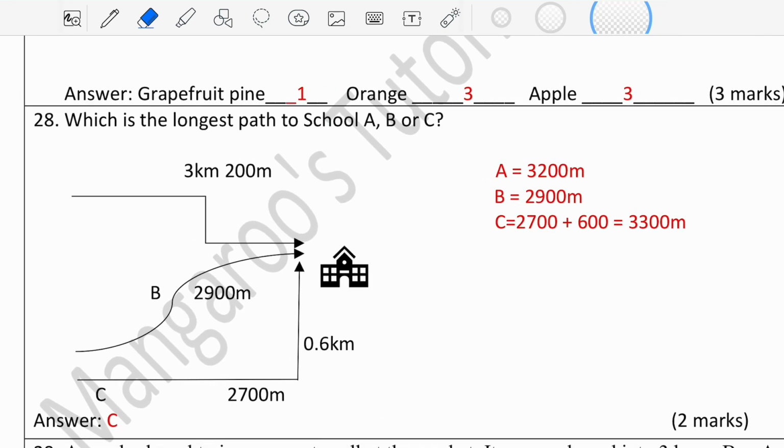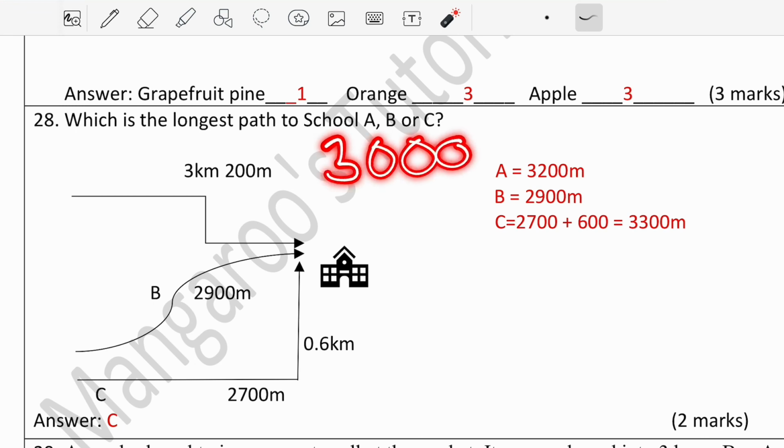Number 28. Which is the longest path to school, A, B, or C? So we can convert each path to meters only, so we can then easily compare. So 3 kilometers is 3,000 meters, and we have the 200 meters, so that will be 3,200. Where is the A?